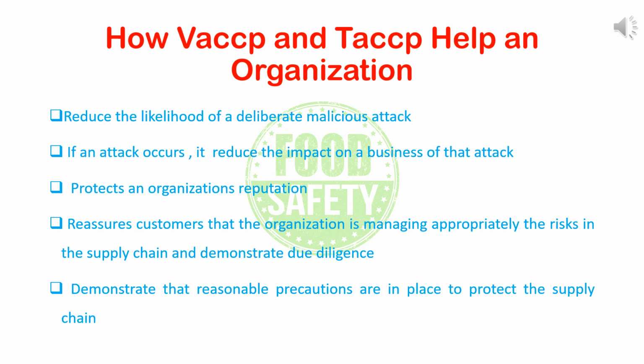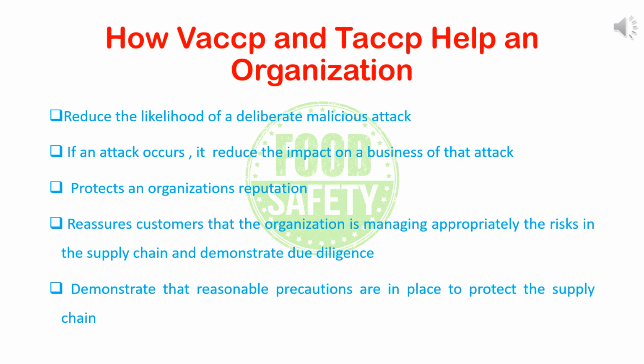Now let's discuss how VACCP and TACCP help an organization. VACCP and TACCP reduce the likelihood of a deliberate malicious attack. If an attack occurs, they reduce the impact of that attack on a business.